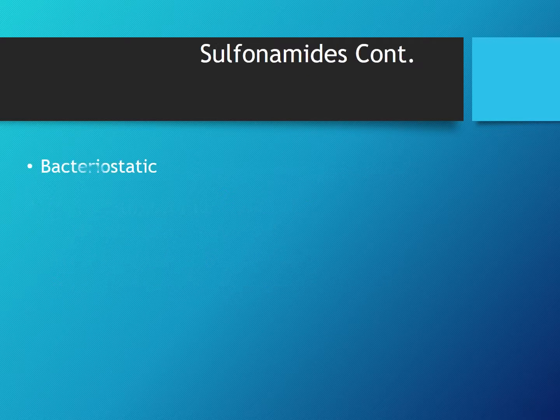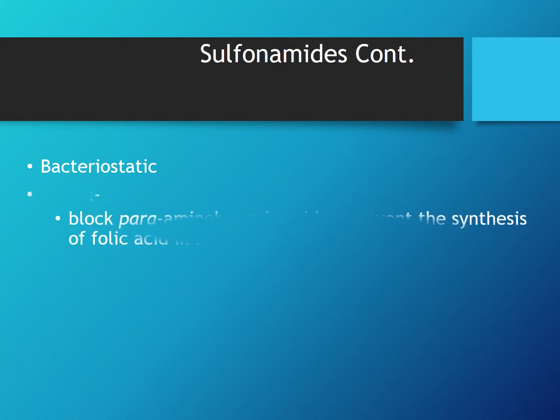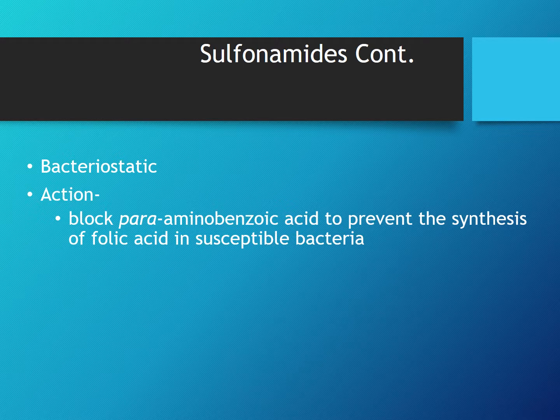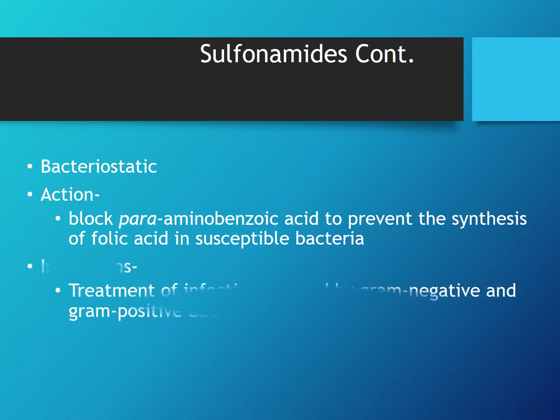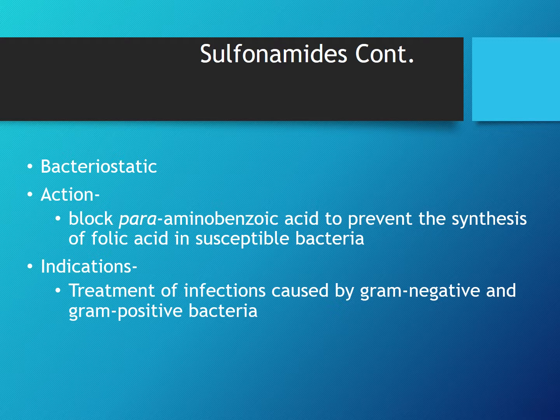They are bacteriostatic anti-infectives, and they block a particular acid that will prevent the synthesis of folic acid in that particular bacteria. Typically, it will treat infections, both gram-negative and gram-positive.